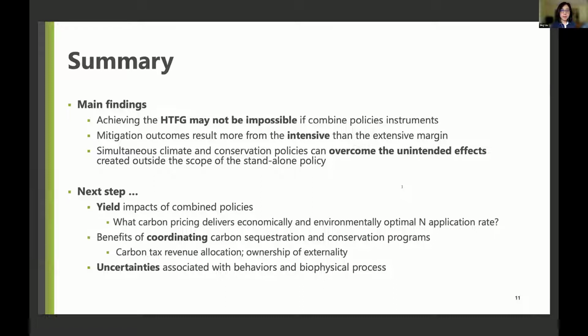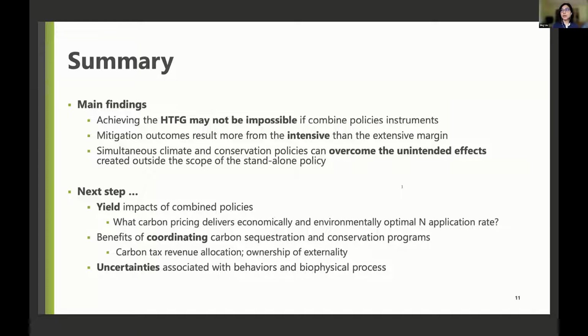And then we'll look at some benefits of coordinating those carbon policies and conservation policies. Tom will talk some about the carbon tax revenue allocation that's led by DJ, and also the ownership of externality, because for the carbon, farmers can take credit, but not for the leakage they saved from those programs.